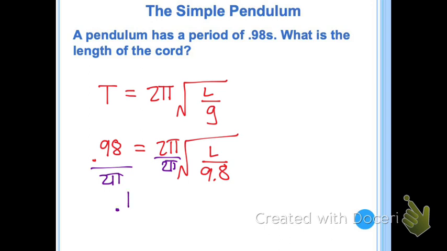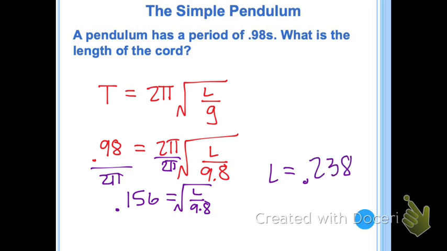And that gives me 0.156 equals the square root of L over 9.8. And so then I'll square both sides. And then I'll take that times 9.8. And I get a cord length equal to 0.238 meters.